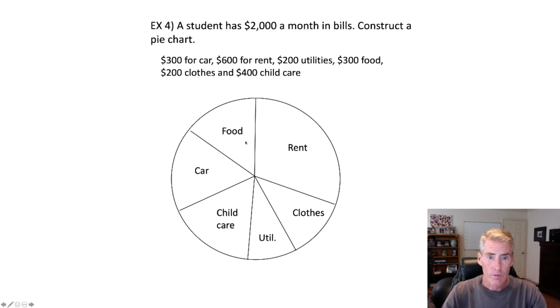The food is 300 and the car is 300, so this and this look to be about the same. And then utilities is 200 and clothes is 200, so these are smaller. The total is a grand total of $2,000 in bills per month. So that is a pie chart.